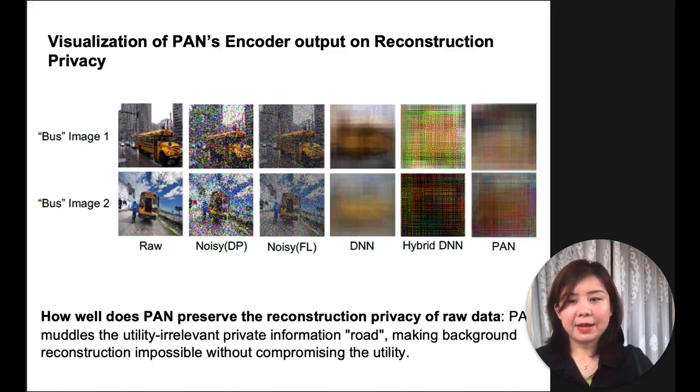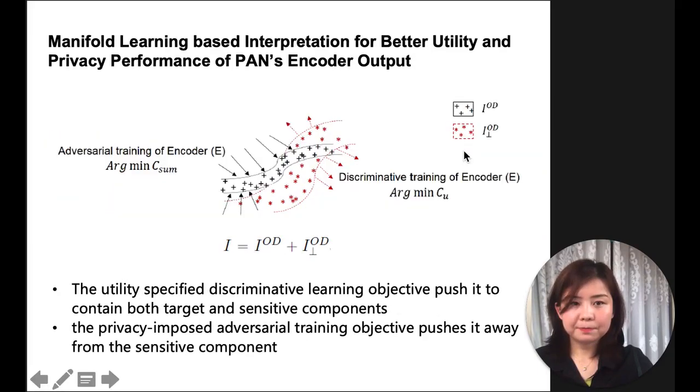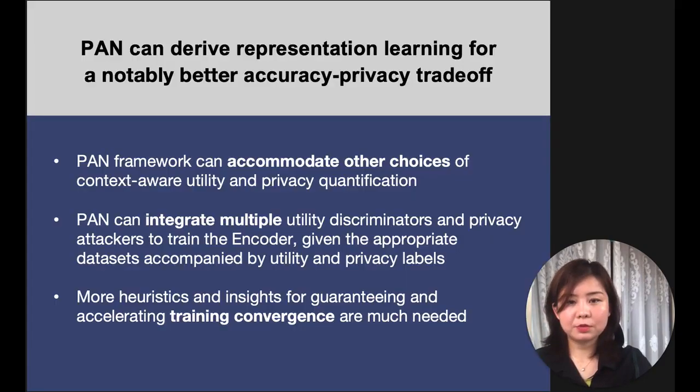And we also visualize the PAN's encoder output on the reconstruction privacy. And finally, we also provide a manifold learning-based interpretation for better utility and privacy performance of PAN's encoder output.